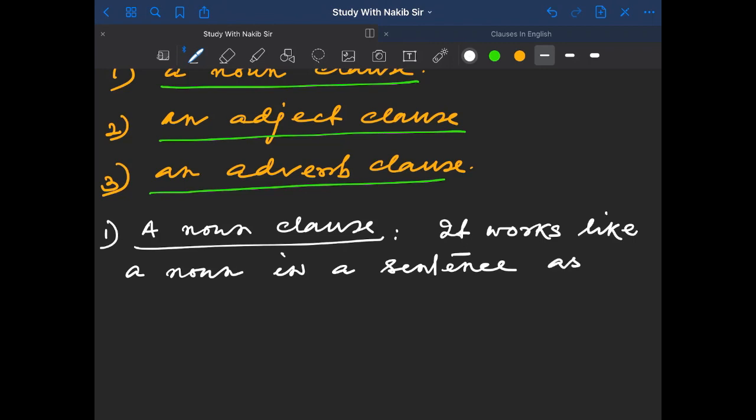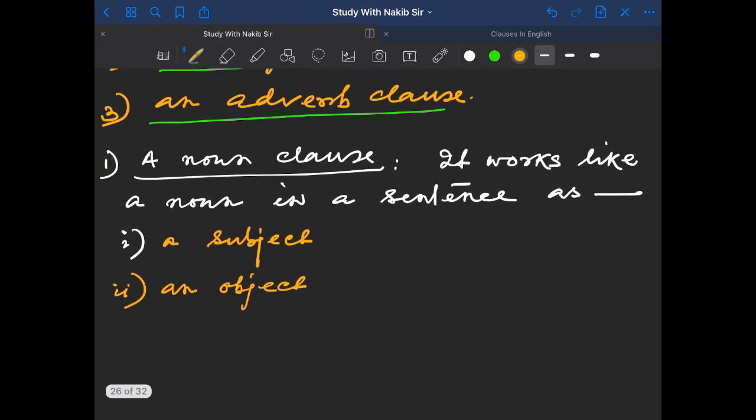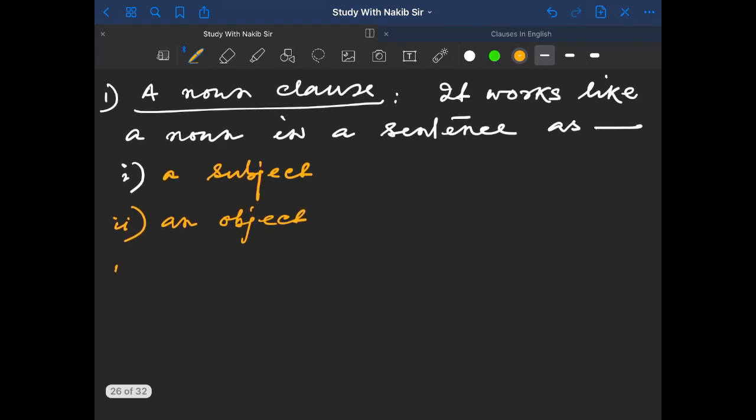As number one, a subject. Number two, an object. Number three, a complement.